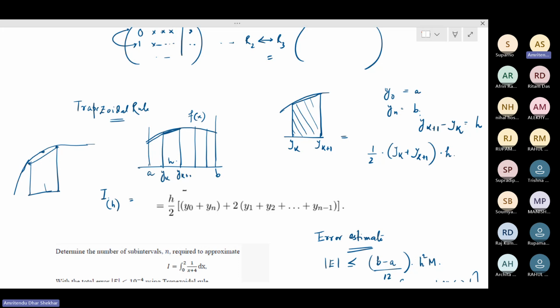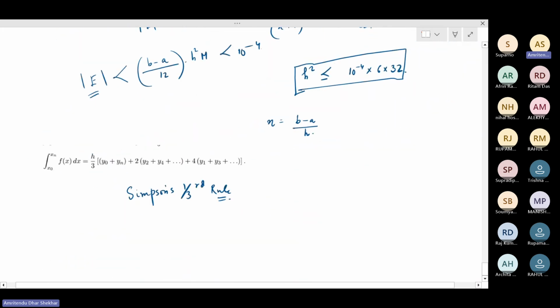Simpson's rule, on the other hand, is a higher order approximation. I think you take not just the first order approximation, but also the second order approximation.